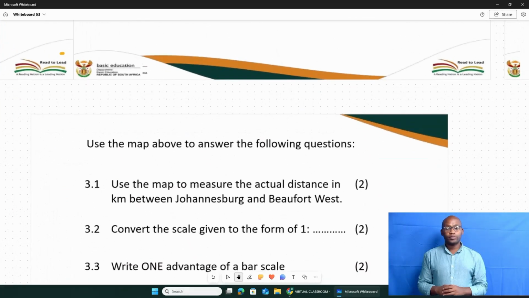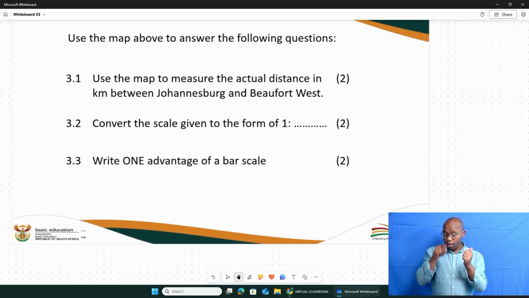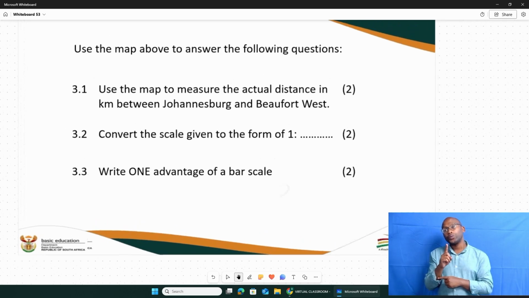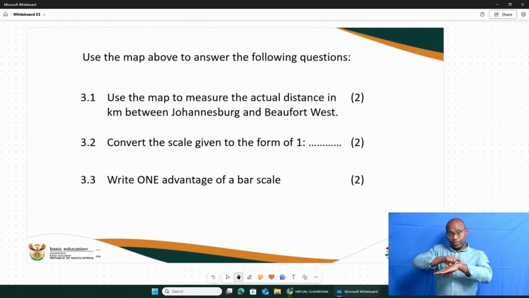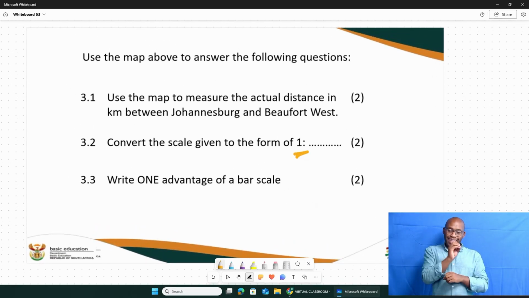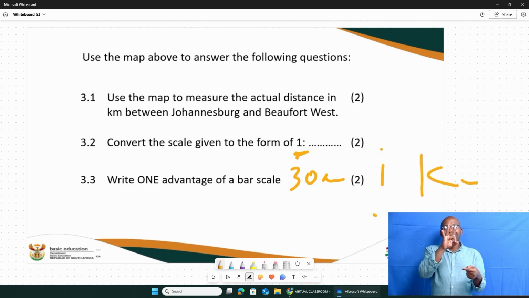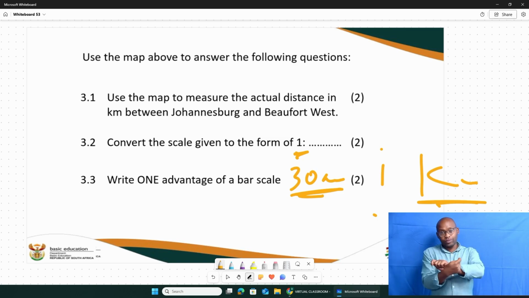Now, if you go back to our question, we want to convert. 30 millimeters is equal to 200 kilometers. Therefore, you can't work with 30 millimeters and kilometers together. Then you have to change these kilometers into millimeters.